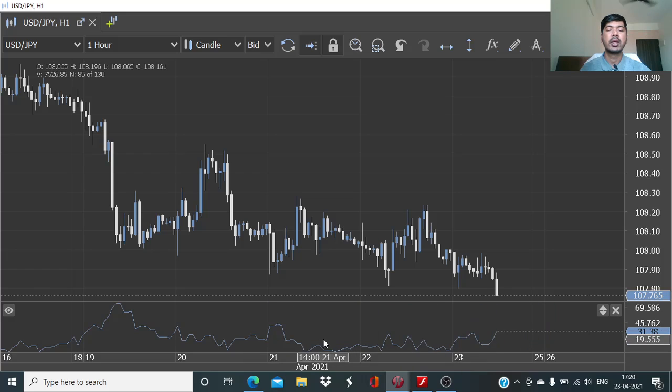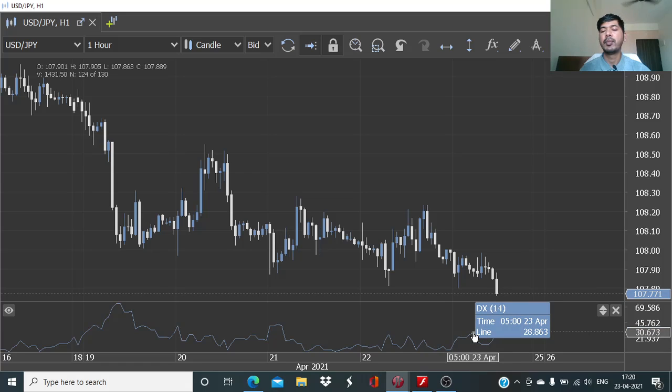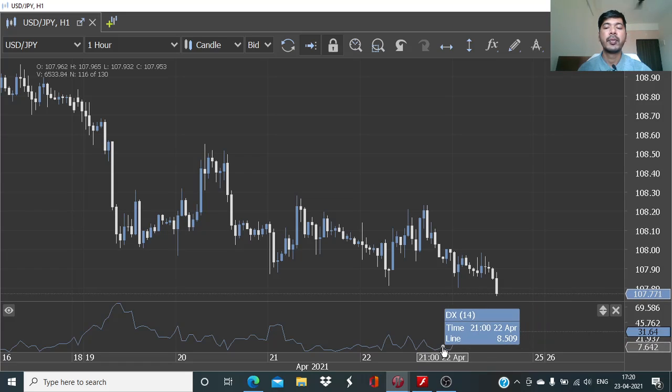You can see on the plotting itself, we are seeing a lot of deviation, a lot of change happening at a rapid pace in the value of the DX. And in case of ADX, it is a lot smoother as the average directional movement index is plotted after calculating the average value, usually for the last 14 candle periods. So that is the difference there.